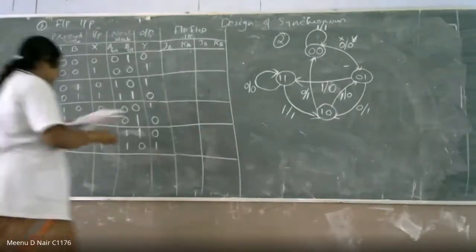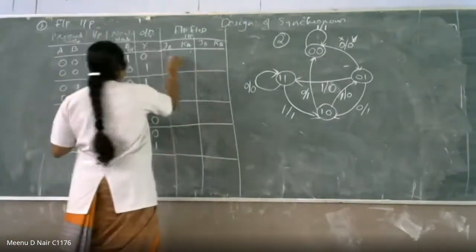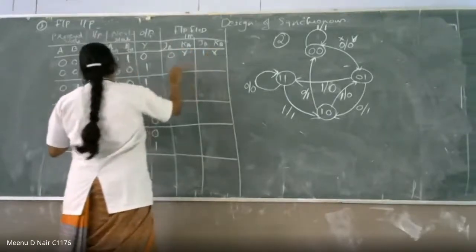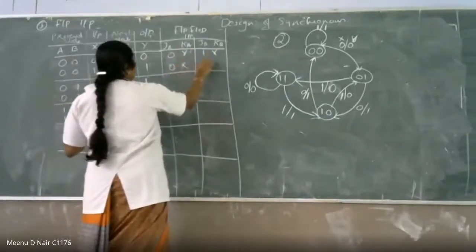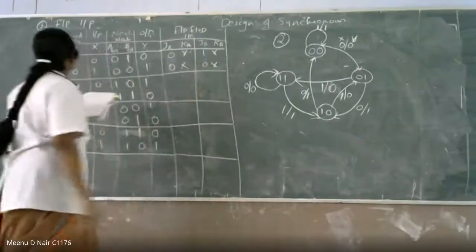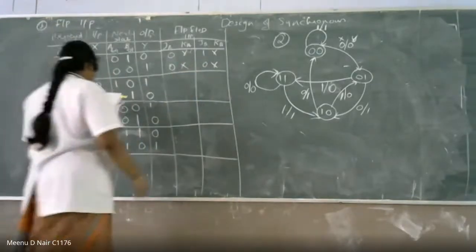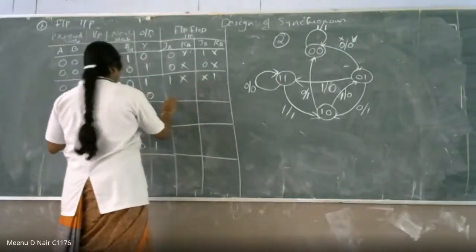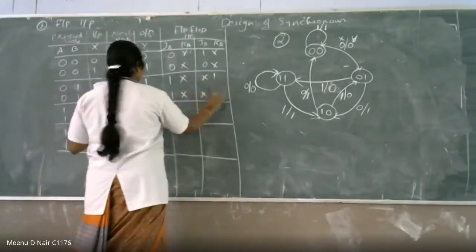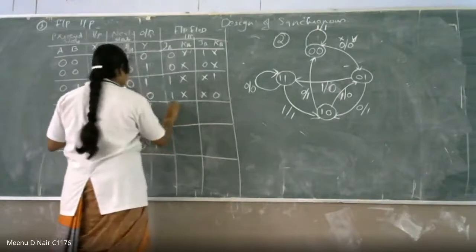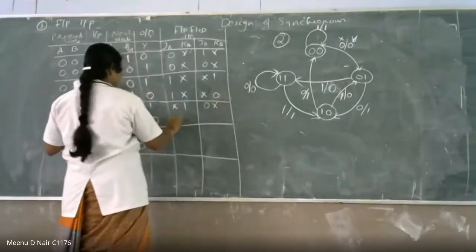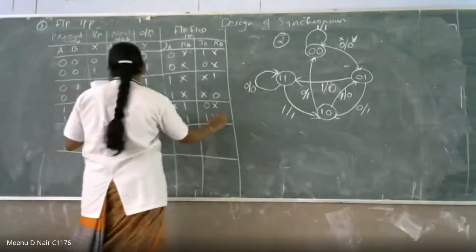I'm just going to write it out. This is 0x, 1x. This is 0x, 0x. This is 1x, x1. This is 1x, x0. Here it is x1, 0x, x1, 1x.